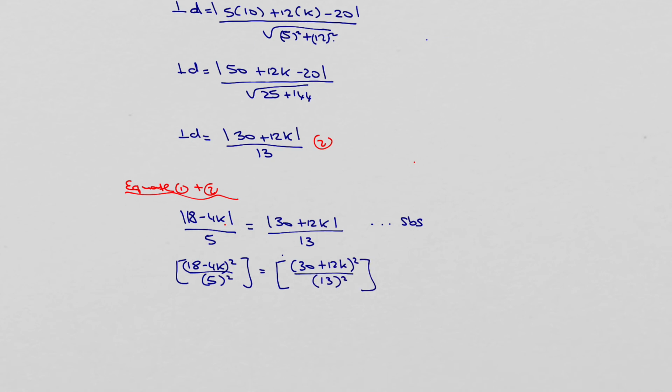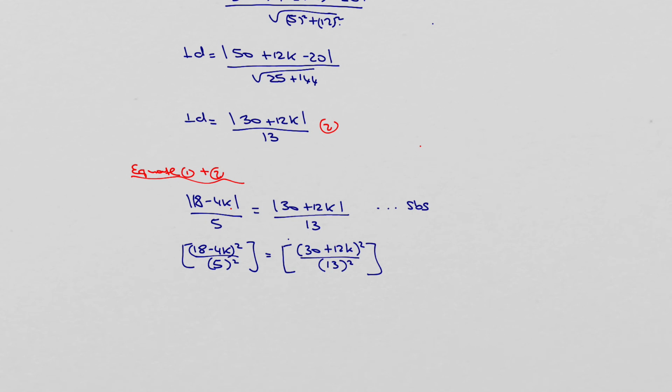So basically that gives us 18 minus 4k multiplied by itself. So 18 squared is 324. 18 by minus 4k, multiply them and double it, gives us 144k. And minus 4k squared is going to be plus 16k squared, all over 5 squared, which is 25.